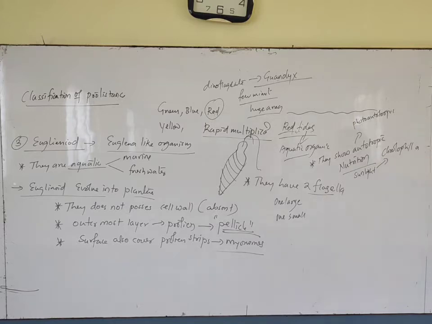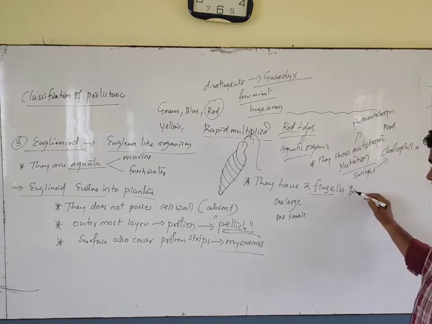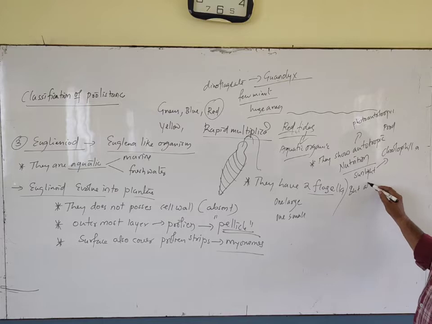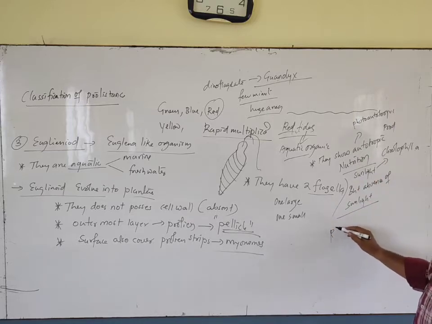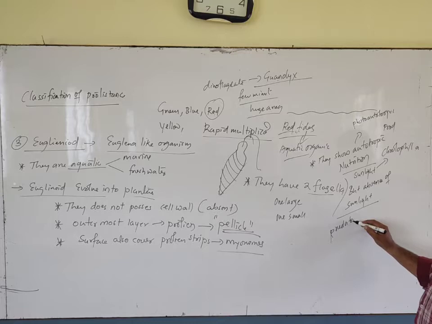So in sunlight, chlorophyll prepares food. But in the absence of sunlight, they act as predators.